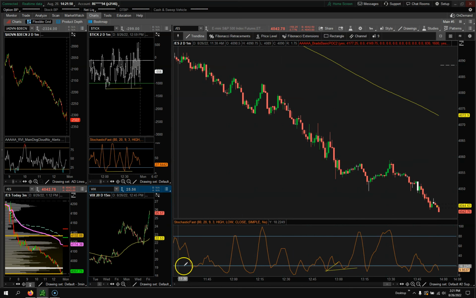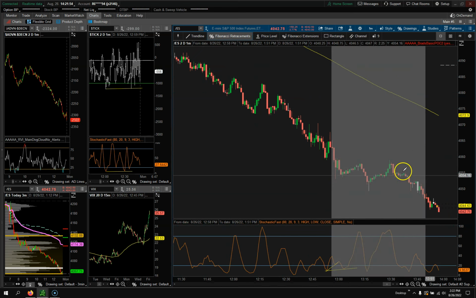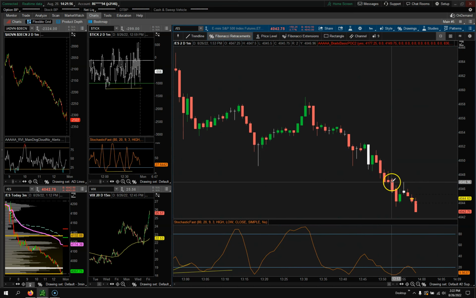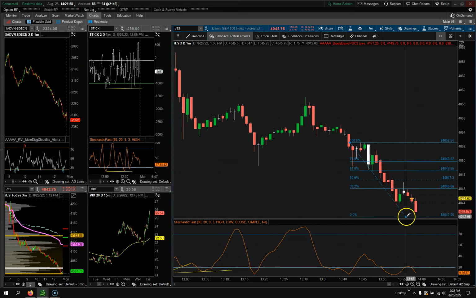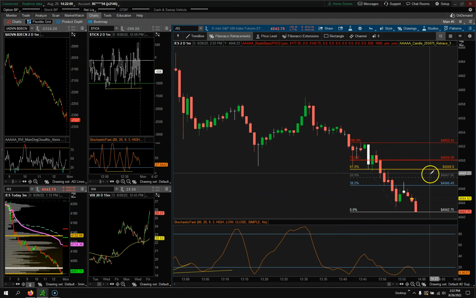But again, if we start to bounce here, what I would probably do is say, okay, here is a low I want to draw, and here's my 61.8. That's around 40.48. Is there something that matches up over here? This is after hours that I'm filming, so that's why it's not matching up.